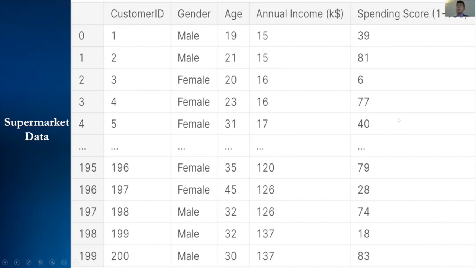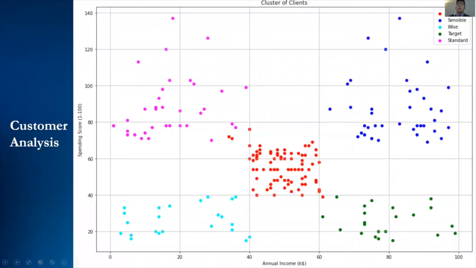So what if we have the customer data and we want to discover our new prime target to help grow our business? Yes, so we can start to do a customer analysis on our customer data.